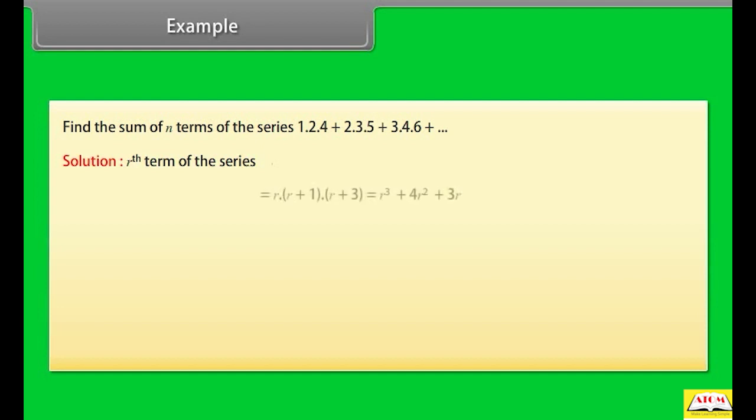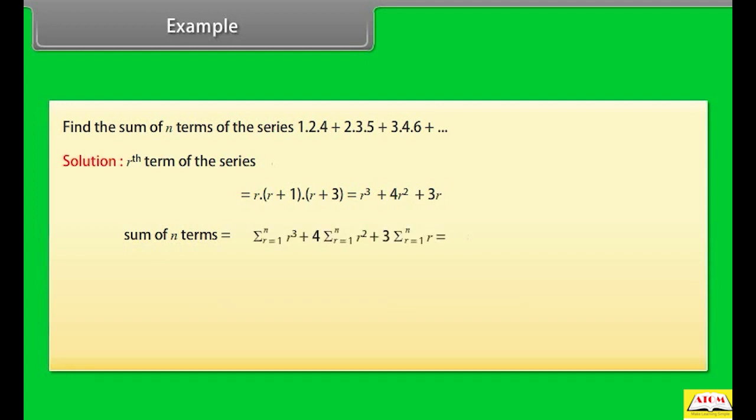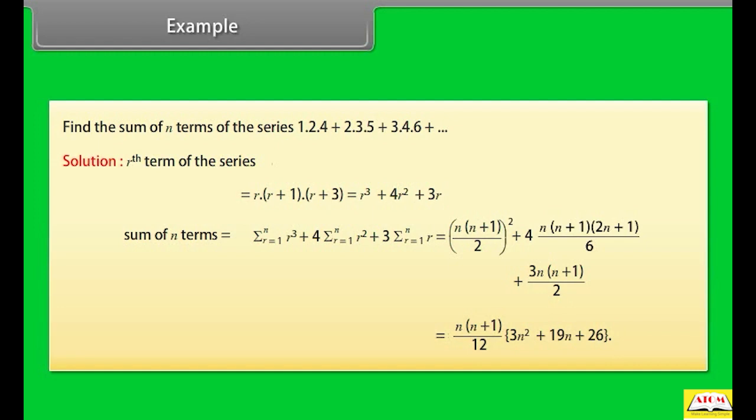The rth term of the series is equal to, sum of n terms is equal to summation from r equal to 1 to n of r cube plus 4 times summation from r equal to 1 to n of r square plus 3 times summation from r equal to 1 to n of r, which is equal to... On solving, we get n into n plus 1 by 12 multiplied by 3n square plus 19n plus 26.